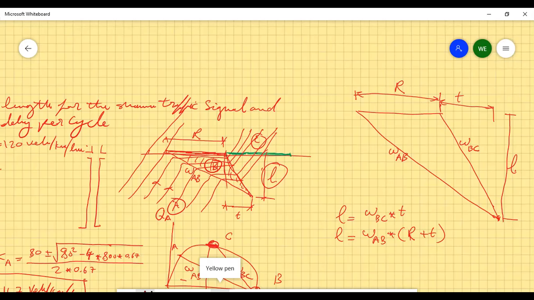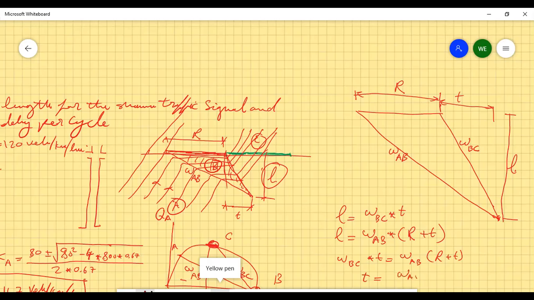So we can say that both are equal because L can be calculated this way. So we have omega BC multiply T equal omega AB multiply R plus T. From here we can get T equal how much?